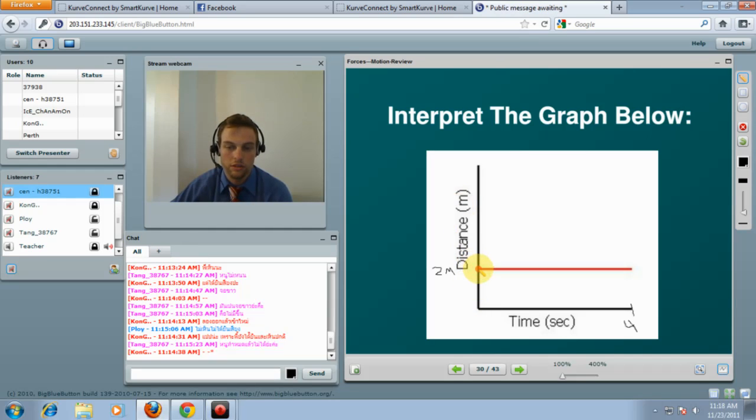So distance is not changing, it's staying at 2, and time is increasing from 0 to 4 seconds.